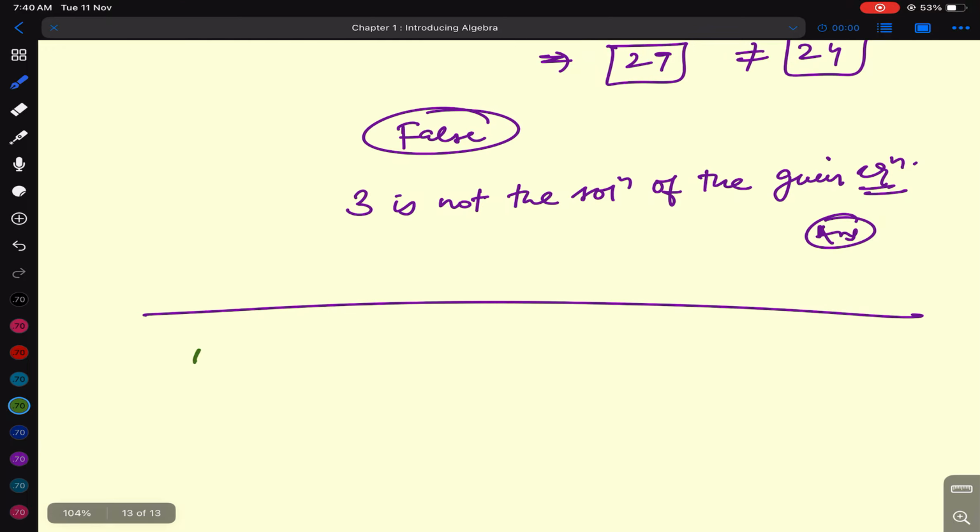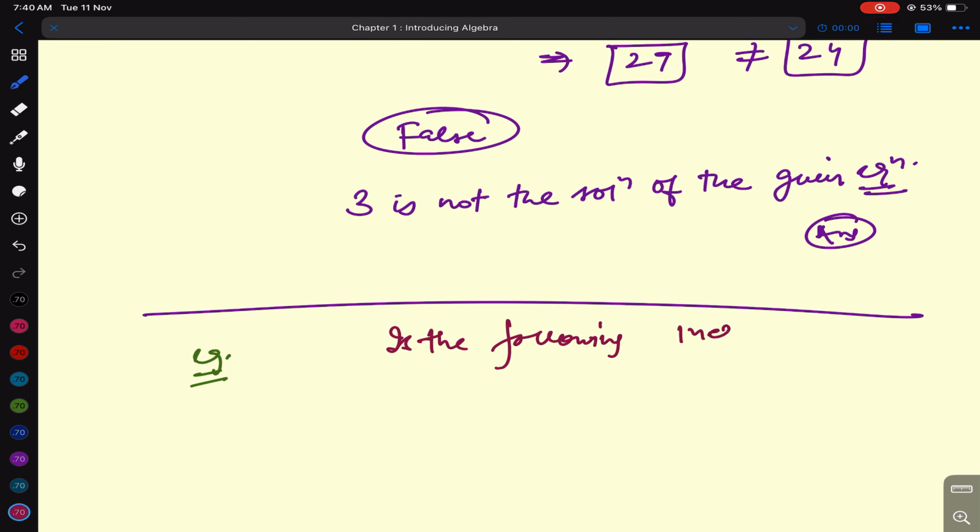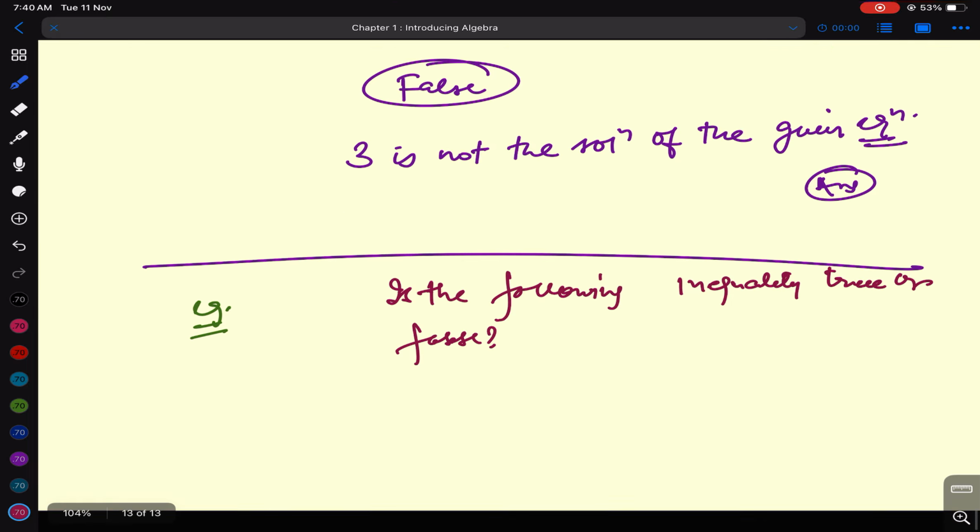So the example here is the following inequality: true or false? The inequality that is given to us is x minus 4 is greater than 12. Okay, so this is the inequality. Now the inequality here is greater than.